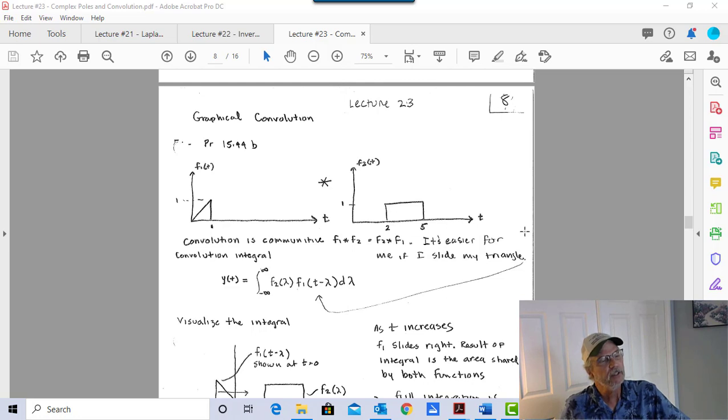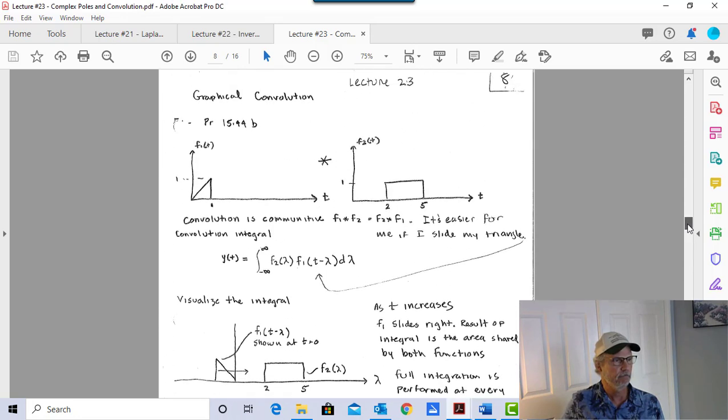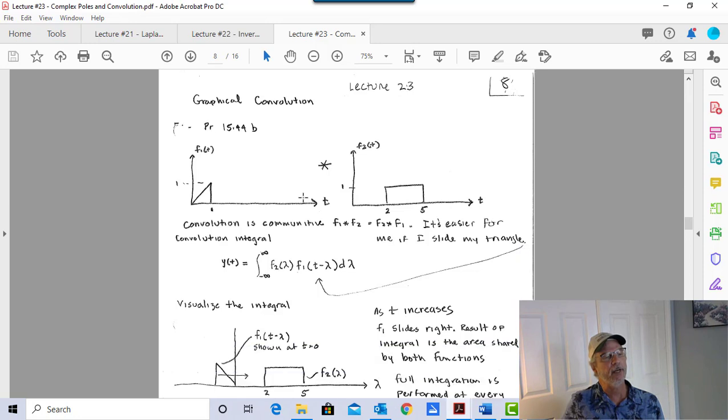All right, so let's do a graphical convolution problem. I like to start these convolution problems off graphically, just so you can see it, and then the integral will kind of tag along. So this is problem 15.44b in our textbook, and we're going to start off doing it graphically, and then we're going to do it using the mathematics.